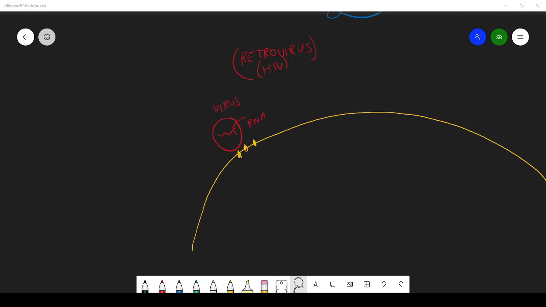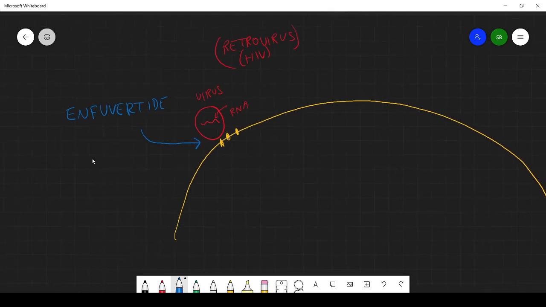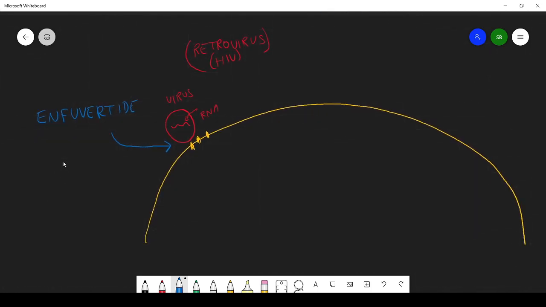One example of that is enfuvirtide. So I'm going to put the drugs in blue. Enfuvirtide stops the fusion of the virus with the cell.